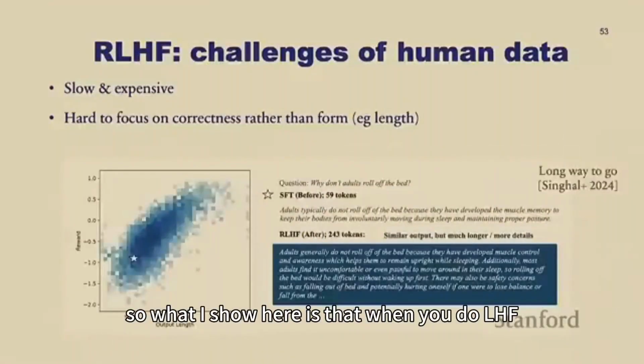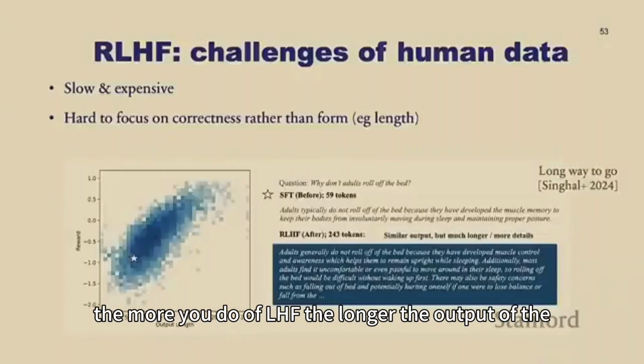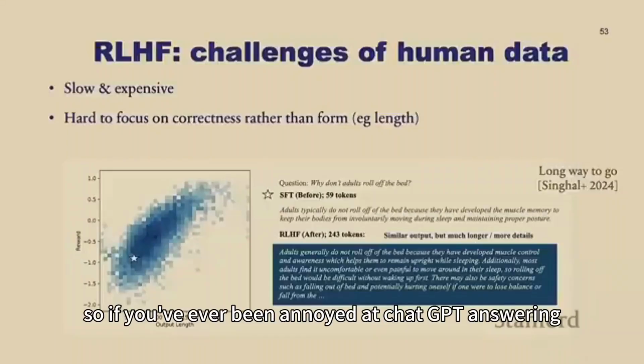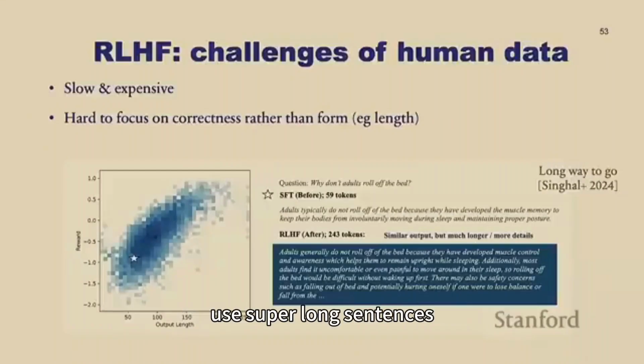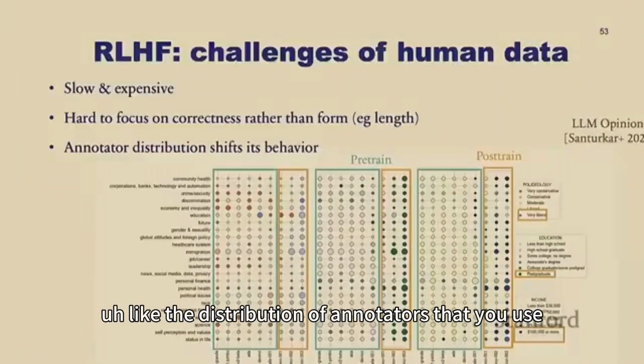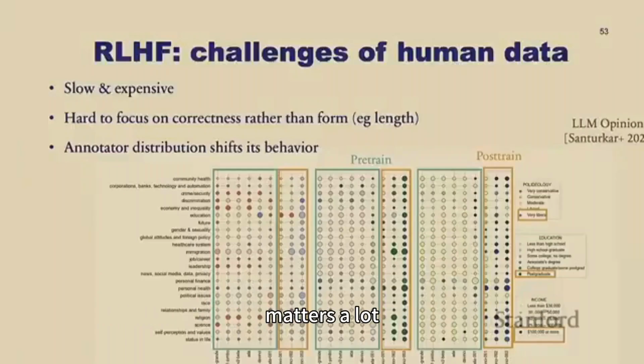What I show here is that when you do RLHF, the more you do of RLHF, the longer the output of the models becomes. So if you've ever been annoyed at ChatGPT answering you with super long sentences, this is because of RLHF. Annotator distribution shift: the distribution of annotators that you use matters a lot.